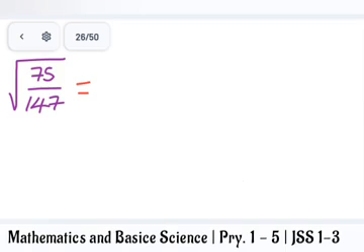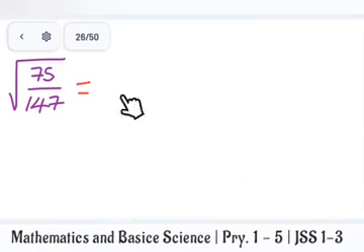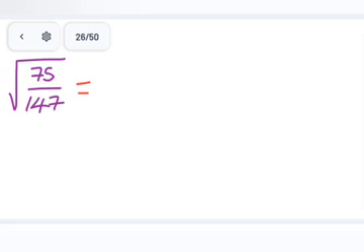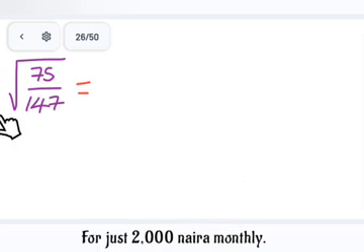So these numbers for which we can easily find the square root, for example, we said 9. What other one again? 81.